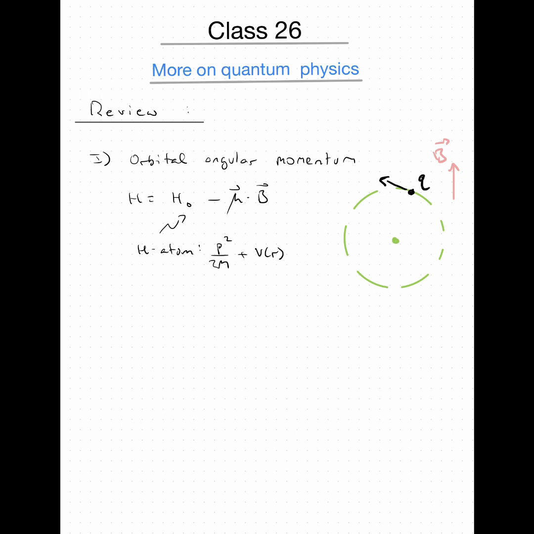And this is where this orbital angular momentum arises, from this orbital motion of a charge around the nucleus. We found that the total angular momentum, L, has eigenvalues square root of l times l plus 1, times h bar, where l is 0, 1, 2, 3, and so on.